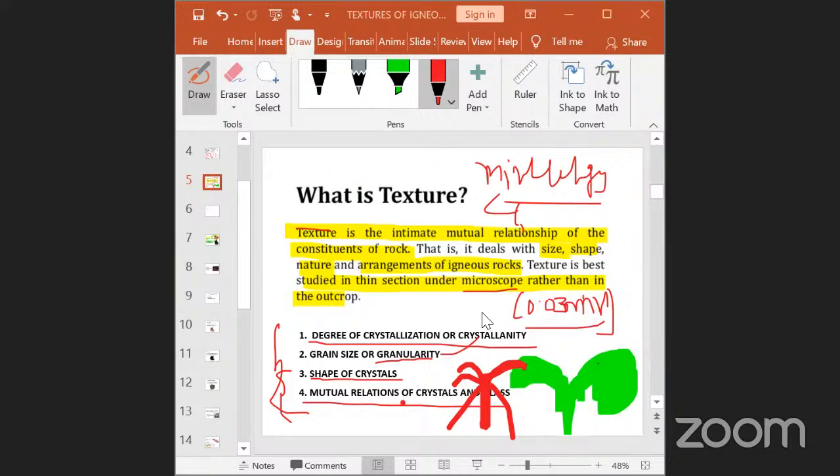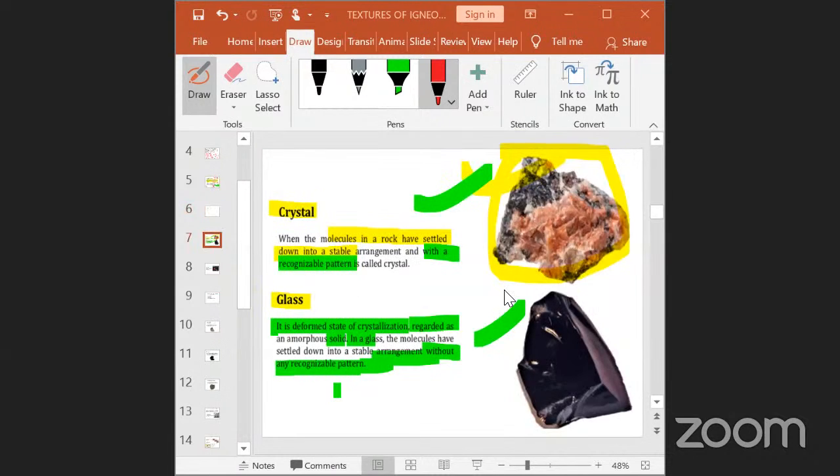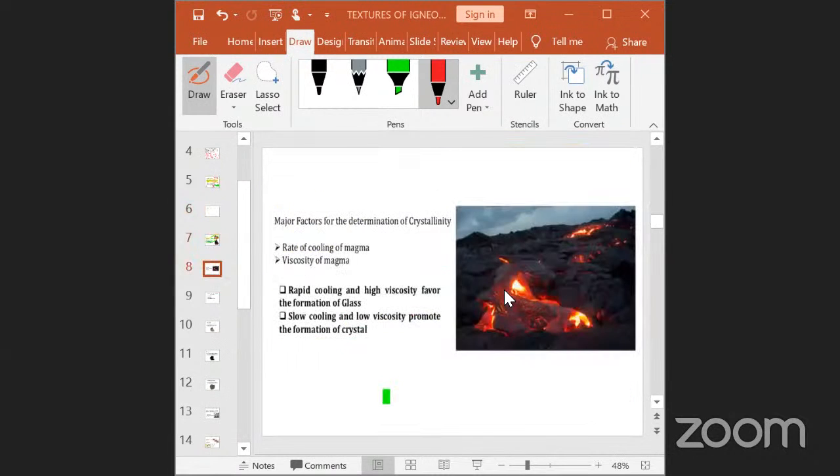So depending on the nature of cooling, the resulting igneous rocks are completely crystalline, completely glassy, or partly crystalline and partly glassy.